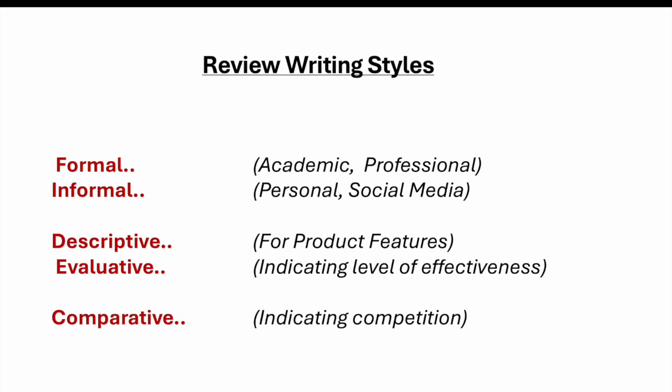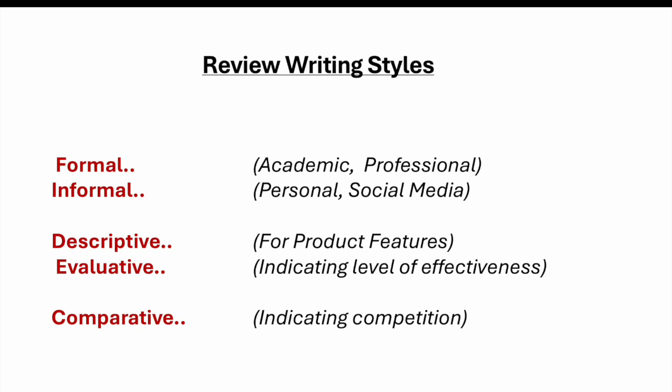Descriptive. The descriptive review writing style needs the explanation or description of features of the product. In the evaluative review writing style, the writer has an objective to show the effectiveness of the product.